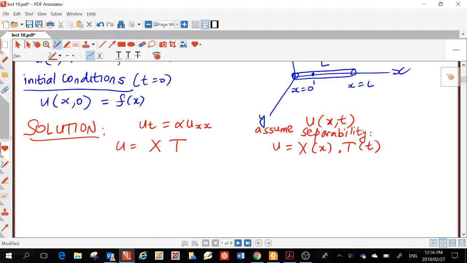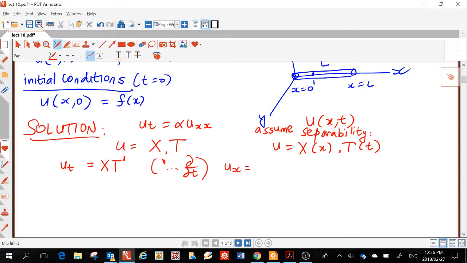So if I take u_t, the x part has only got x in it, so the partial derivative will be X times T dash. Dash represents the partial derivative with respect to t. If I take u_x, this time the T will be a constant. Remember, these are partial derivatives.